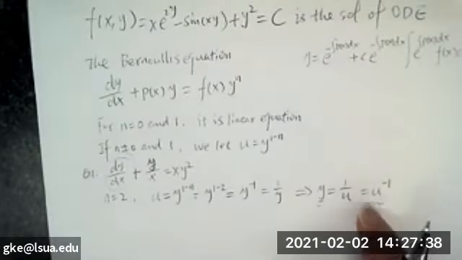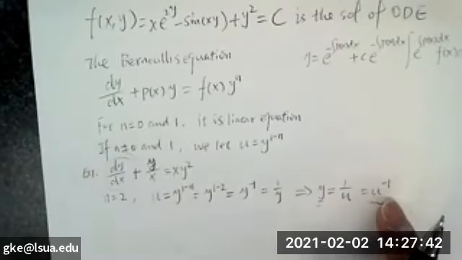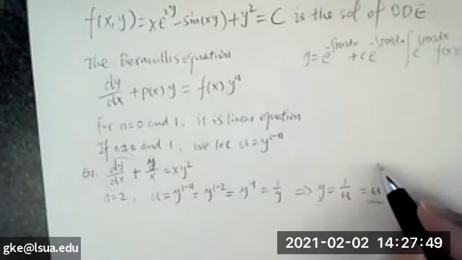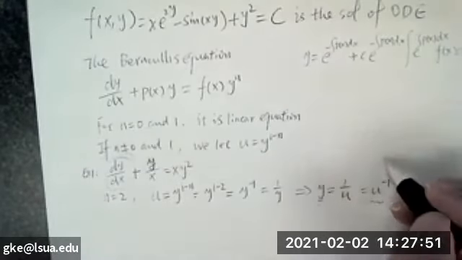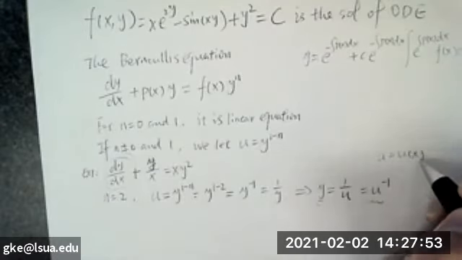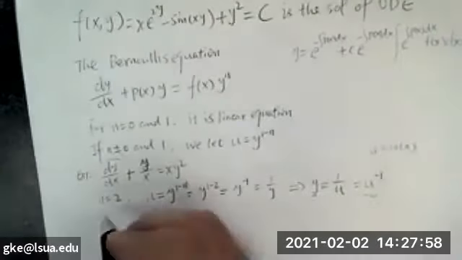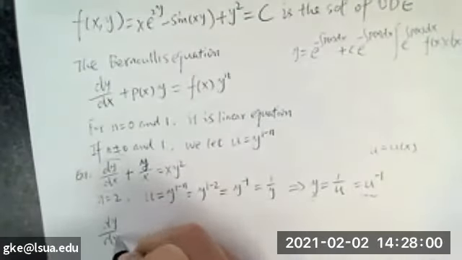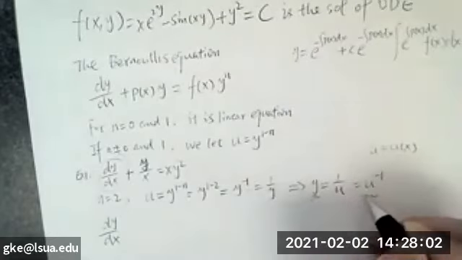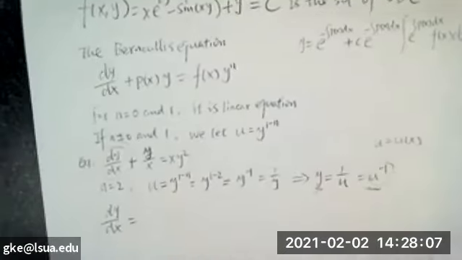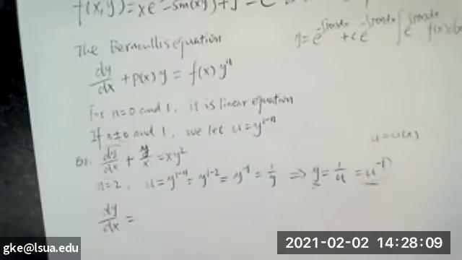We assume that the new u is an intermediate variable, and we have x. u is a function of x. So what is dy over dx? We can take the derivative of this, and of course, you're going to use the composite function.